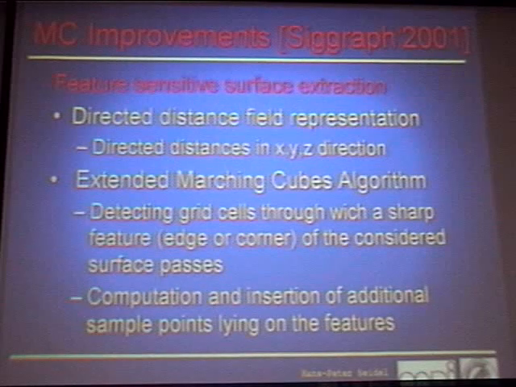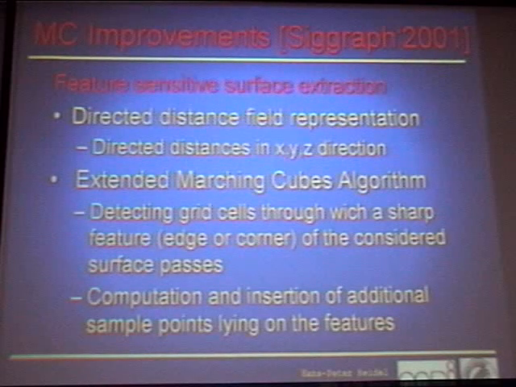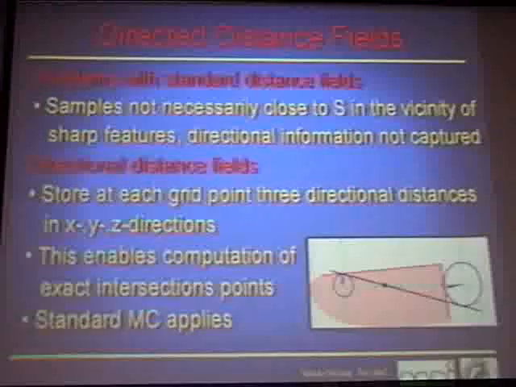That means in those areas where we have sharp features, we add additional sample points lying on the features, and this increases the quality of the isosurface reconstruction. And of course, we also produce a little bit more data, but only in those areas where we really have those sharp features. So in a sense, that's an output-sensitive algorithm.